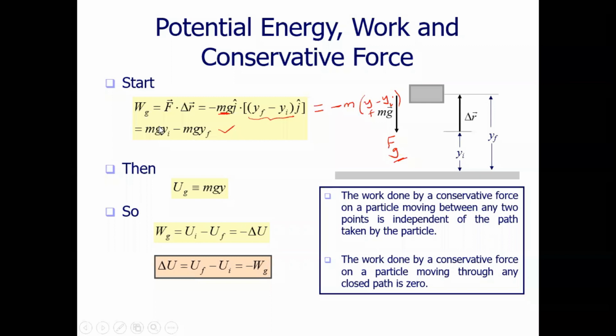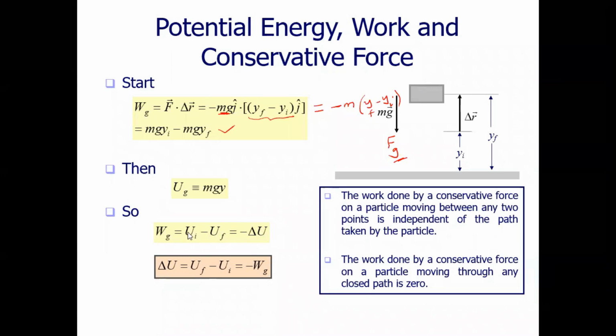Now, you know that when we say the change in a certain quantity, it is given by the final value of that quantity minus the initial value of that quantity. So the change is given by the final minus the initial. But here what we have is the initial minus the final. What does it mean? That means this is a minus change in potential energy.